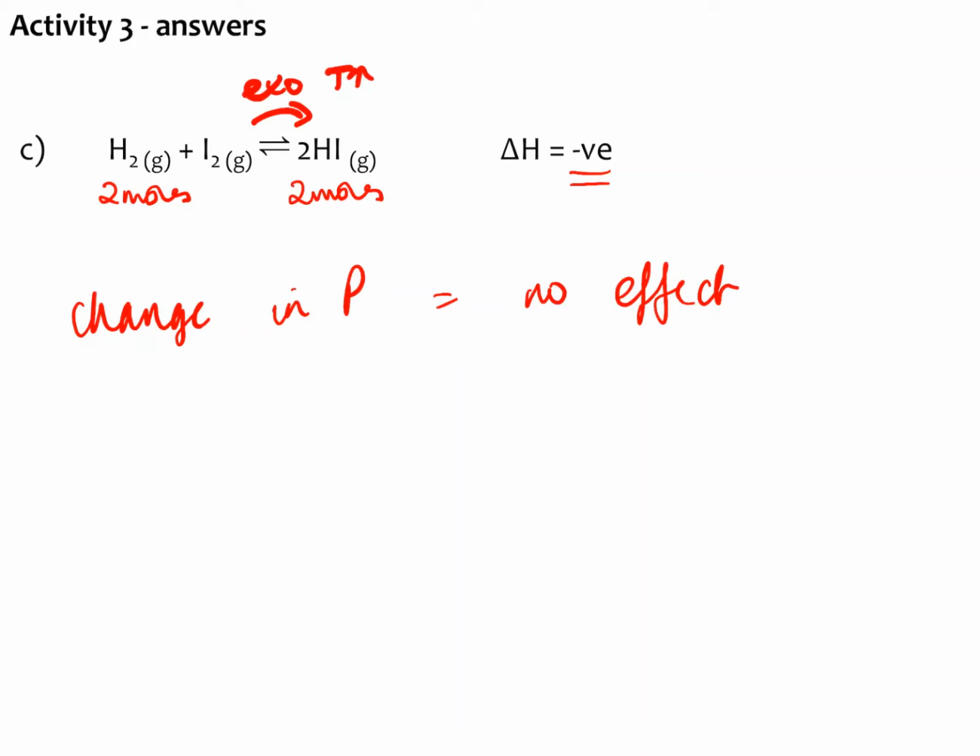That causes temperature to go up. So we would want to decrease temperature. That would be our condition, as that would cause the forwards direction to be favoured, as that will increase the temperature again. See A if you want the extra details for that one.